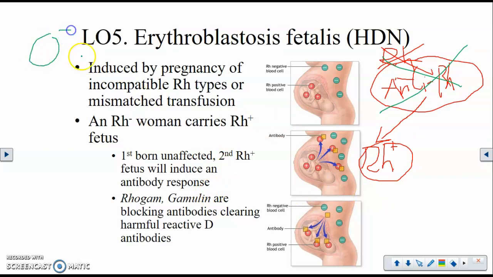The reason is that O negative has no antigens whatsoever. So there's no A, no B, and no Rh factor on the surface of a red blood cell. Therefore, it does not trigger the recipient into creating any antibodies to attack the donor's blood. Okay, so I hope that makes sense.